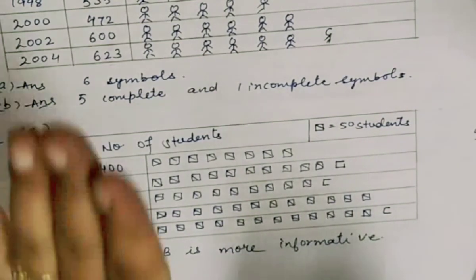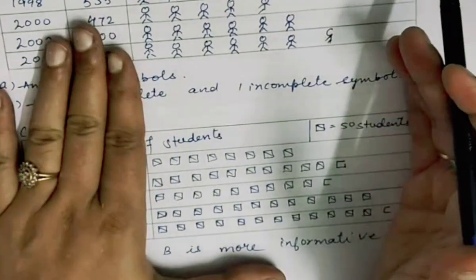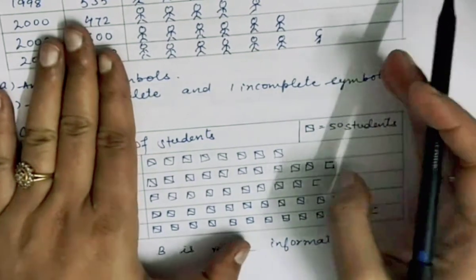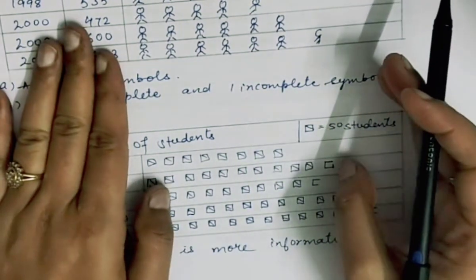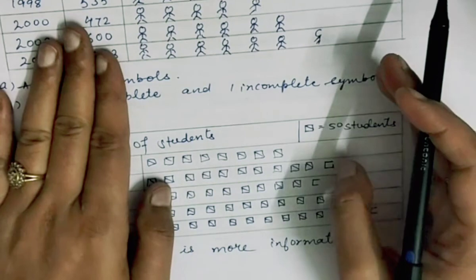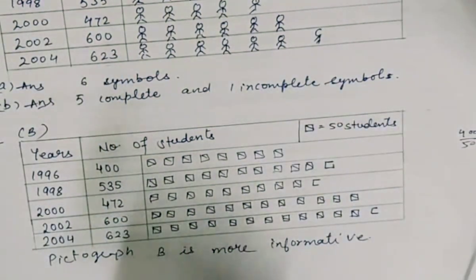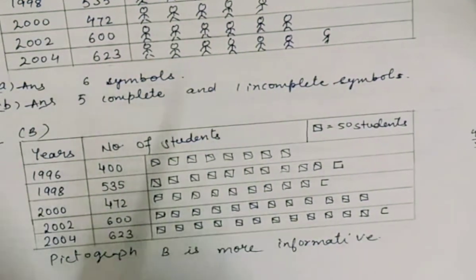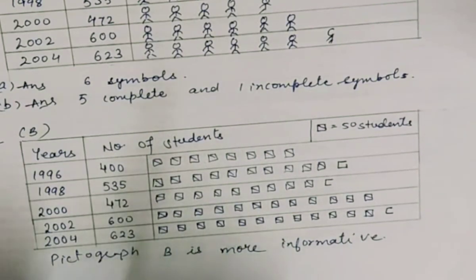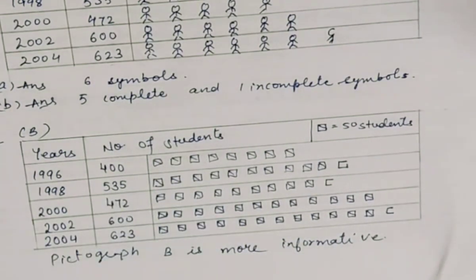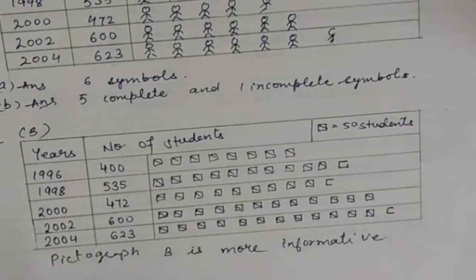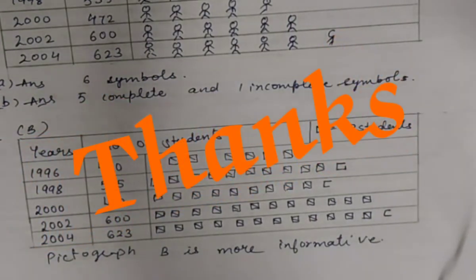If we don't have the numbers and only see this data, we cannot directly say how many students there are. So a better way to represent this is something else that we're going to discuss after this. You can see my next video. Thank you so much.